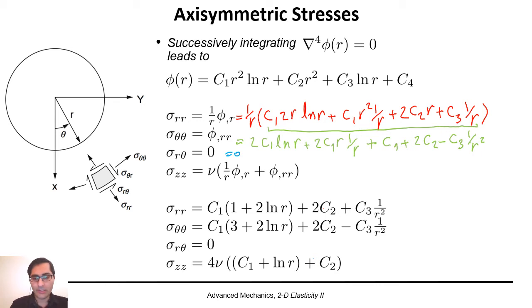Okay, so basically sigma rr is reduced to this form. We just collected similar terms. Sigma theta theta is reduced to this form.